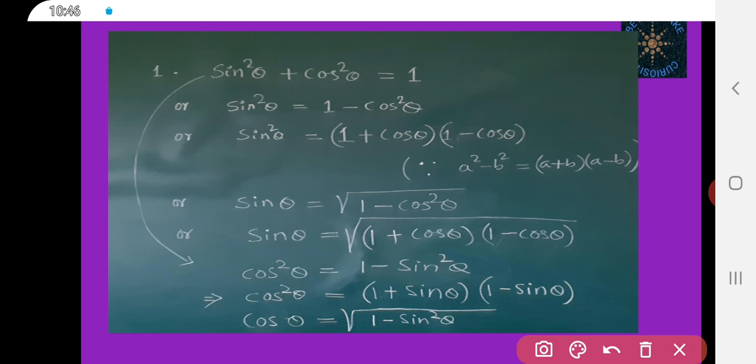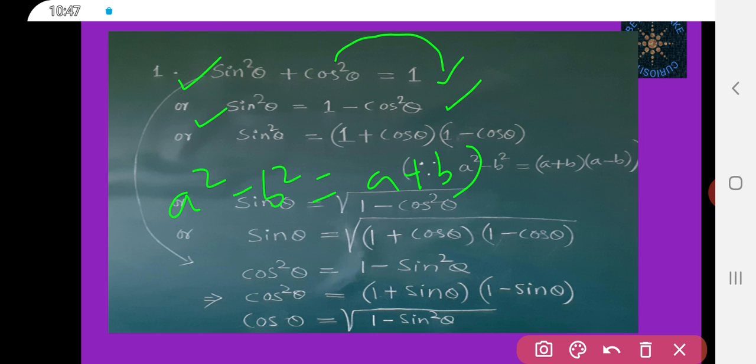See, you can write sin square theta plus cos square theta equal to 1. You take cos square theta to the right side, then you get sin square theta is equal to 1 minus cos square theta. And you know that a square minus b square is equal to a plus b into a minus b.